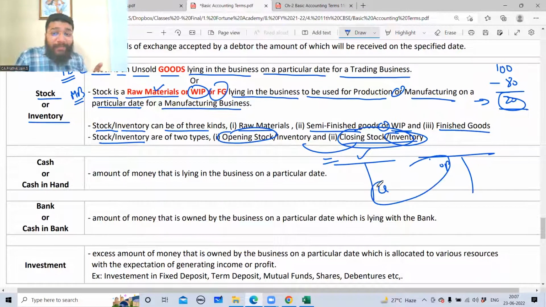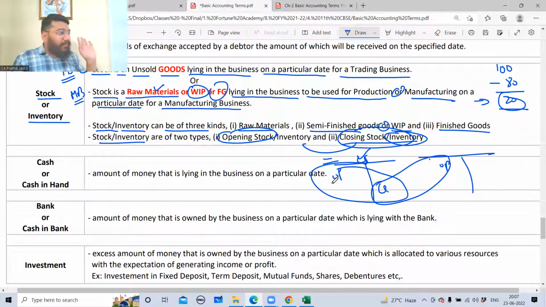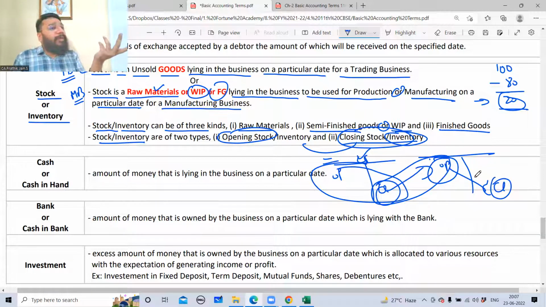But next year's closing will be different, because stock quantity will be different. Price will be the cost.